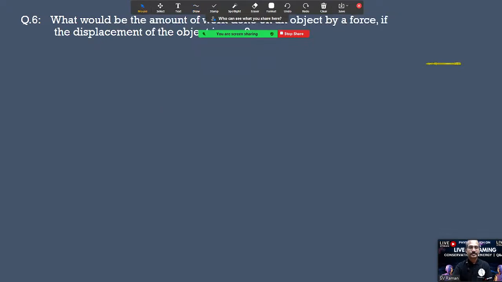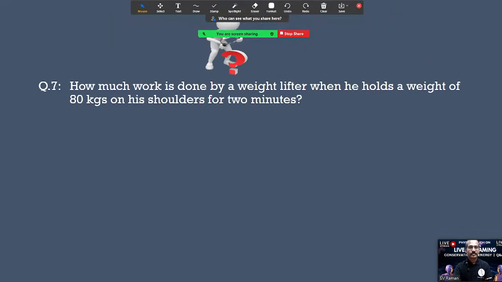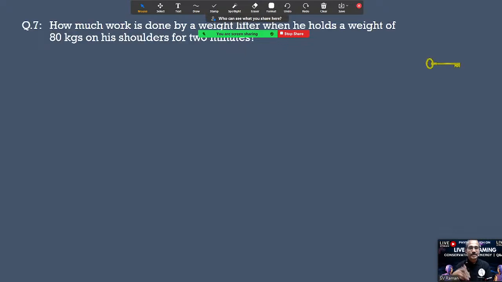Next question. How much work is done by a weightlifter when he holds a weight of 80 kilograms on his shoulders for 2 minutes? Students will keep on calculating work. The weightlifter holds 80 kilograms on his shoulders for 2 minutes, but he has not moved at all. So once displacement is 0, work done will be 0.